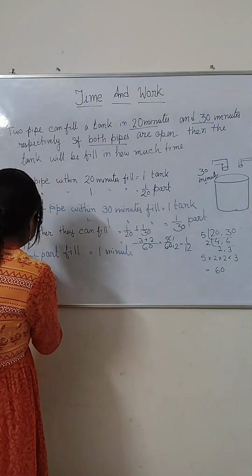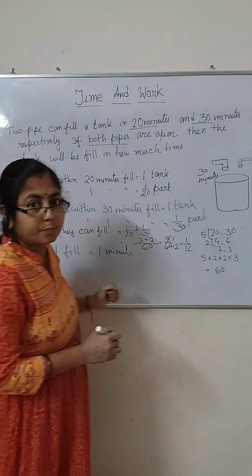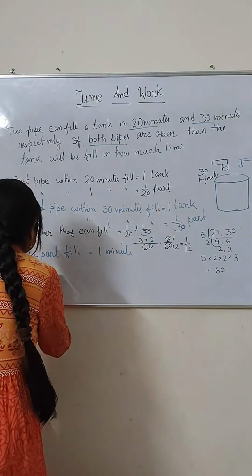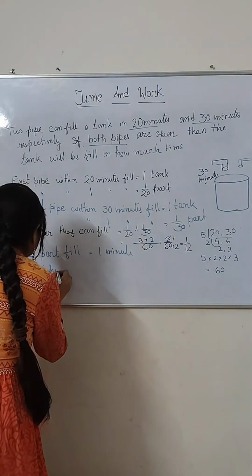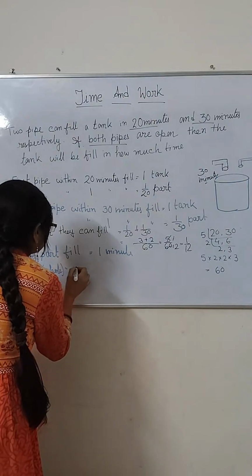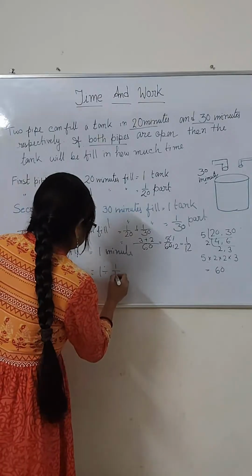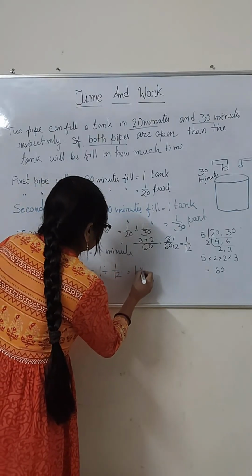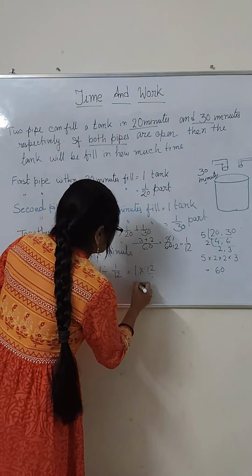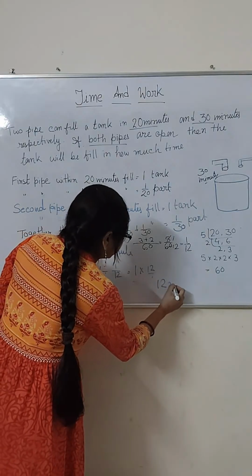So one part means whole part. Whole part fills 1 into 12 by 1, 12 minutes.